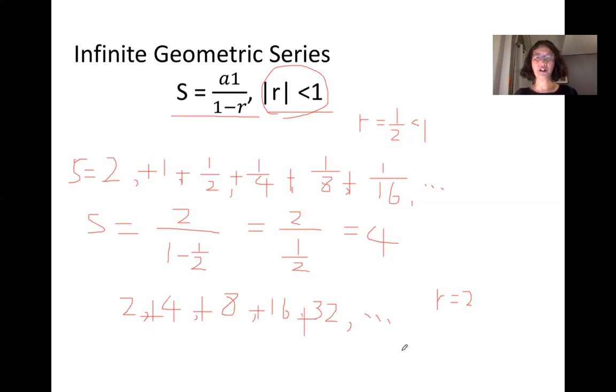The result goes to infinity, a very, very big number. That's why we emphasize R smaller than 1 in an infinite geometric series if you want to do the addition.